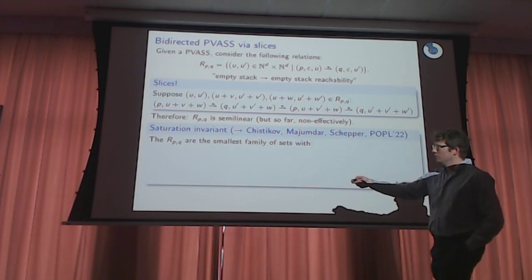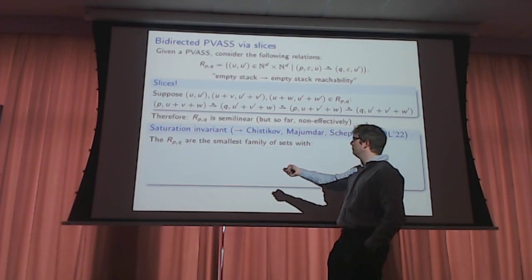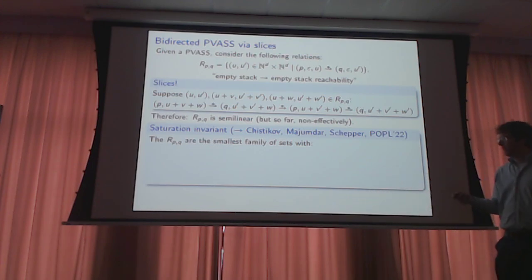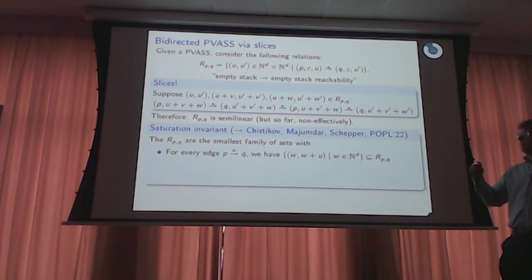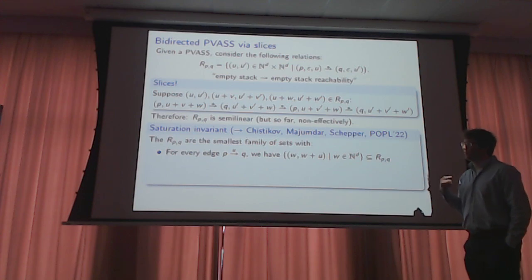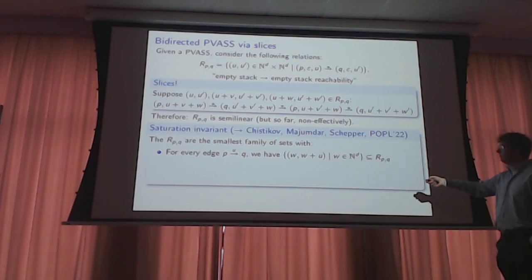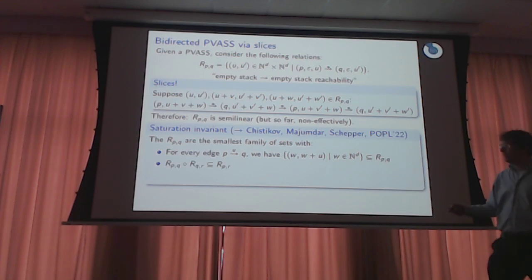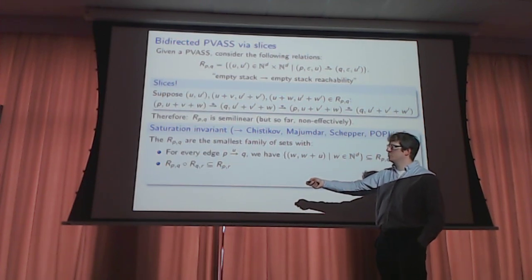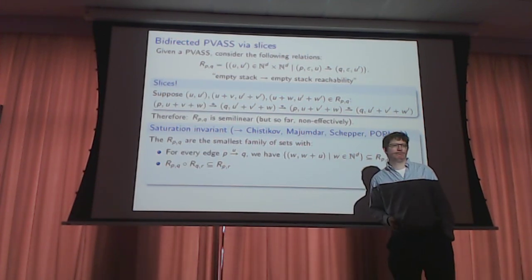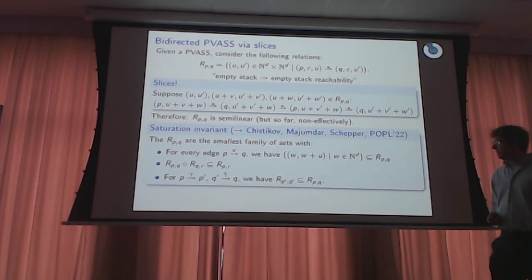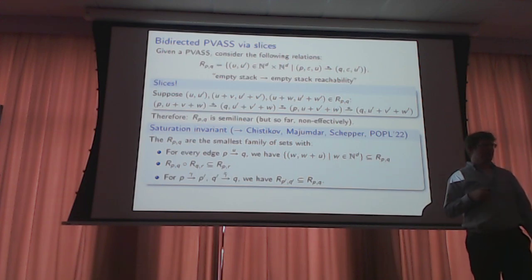So we observe that RPQ are the smallest family of sets. So this is an inductive viewpoint in this sense, where for every edge you're in the reachability relation, and even starting with any configuration. And if you compose the reachability relation from P to Q and from Q to R, you're in the relation from P to R. And finally, you can translate reachability across pushes and pops.